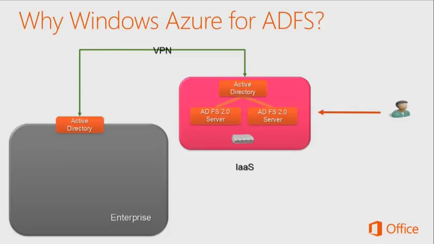We have a VPN connection to Windows Azure, which is infrastructure as a service. And in Windows Azure, we can run an Active Directory controller and our 2 ADFS 2.0 servers. These all run in Windows Azure, connect directly to our on-premise AD, and synchronize and provide that login ability.